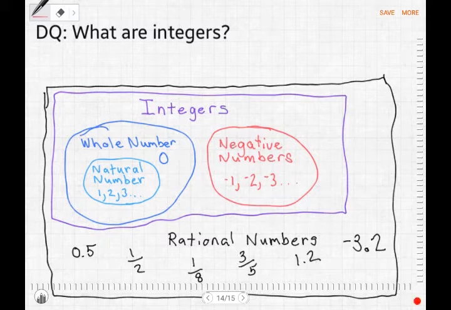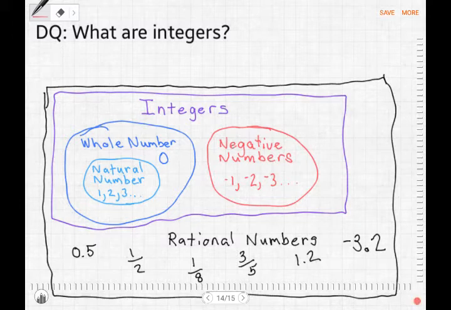Okay, so now, what numbers are not integers? Well, rational numbers are not integers. Let me clarify. Natural numbers are rational. Negative numbers are rational. Zero's rational.